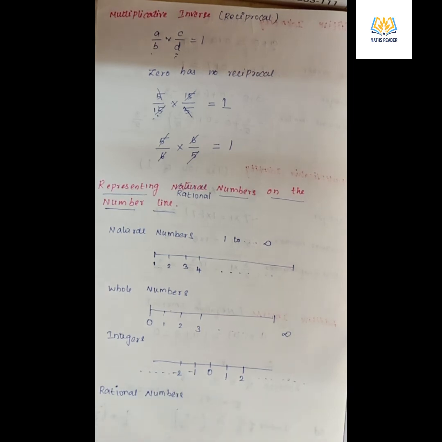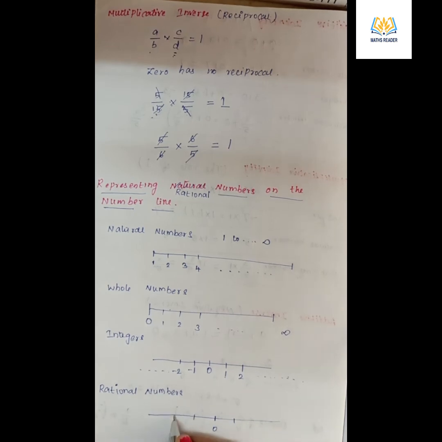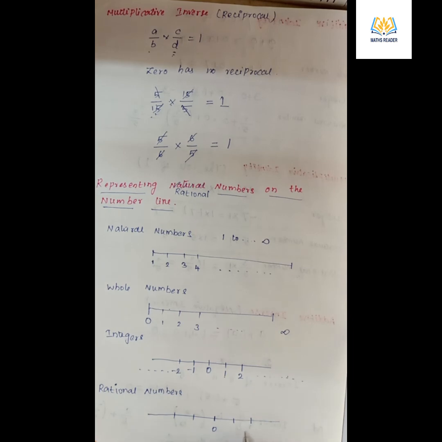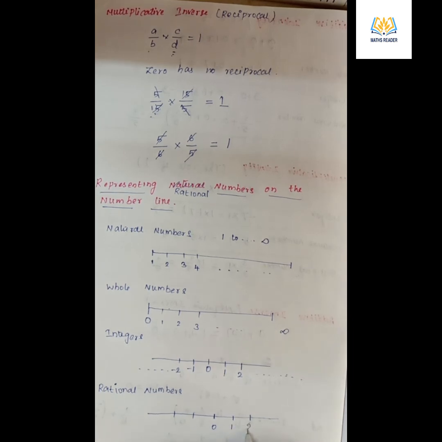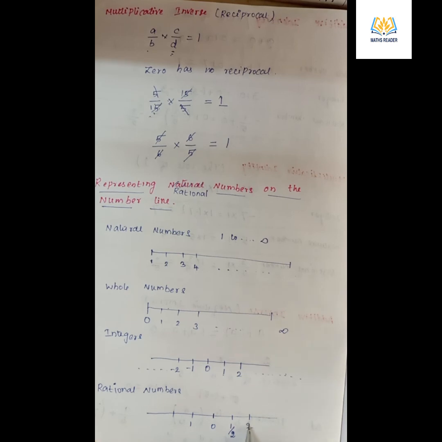Next is rational numbers. This is 0. The rational numbers also extend on both sides, left hand side and right hand side. We can express 1 as 1 by 2 and 2 by 2, because 2 by 2 is 1.